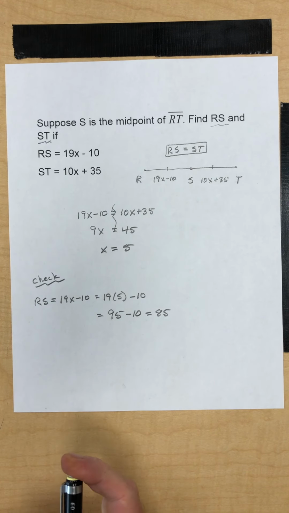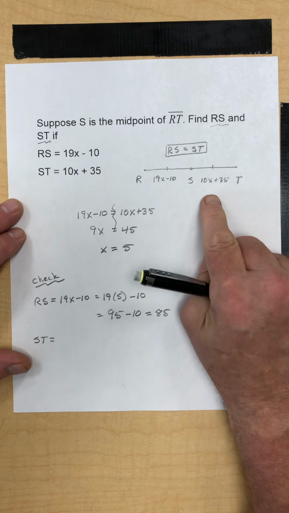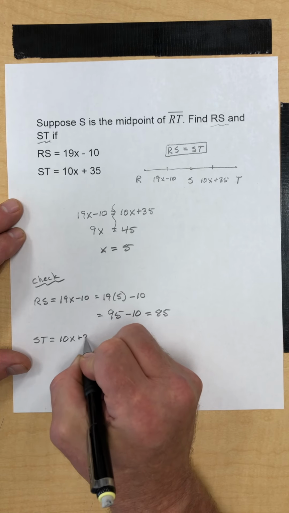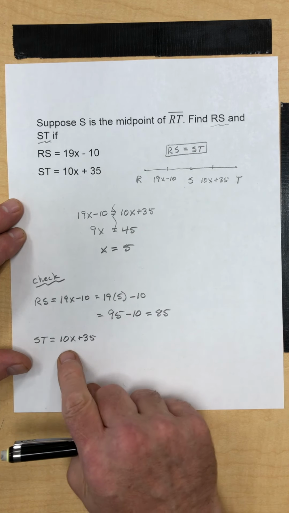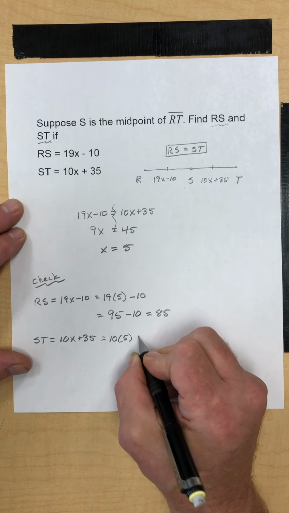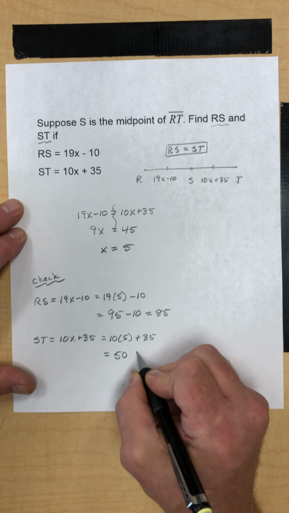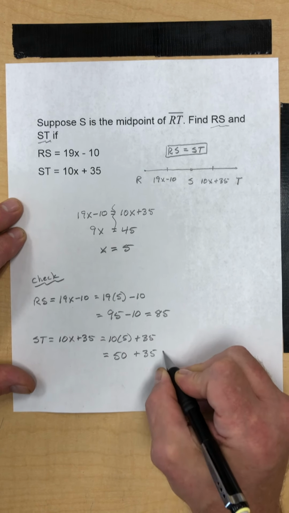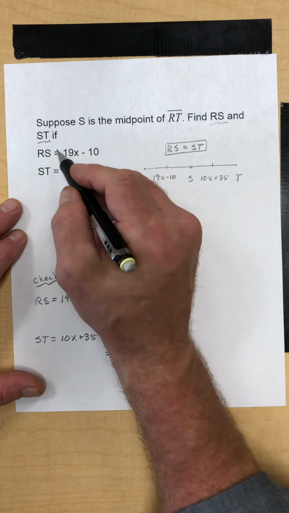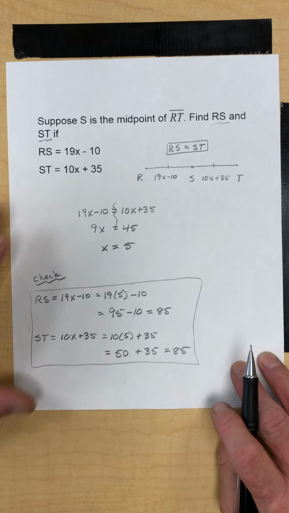So hopefully I get 85 for ST. Let's check ST. And notice ST is 10x plus 35. So substituting the 5 in here, I'm going to get 10 times 5 plus 35. Well, 10 times 5 is 50 plus 35, and that gives me 85. It wanted RS and ST, so I've got my answer right here. They're both 85, which should work out.